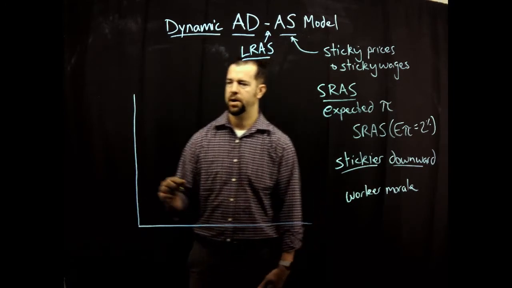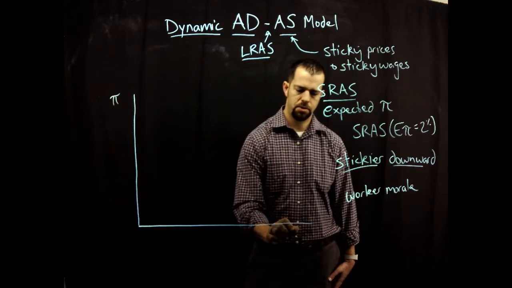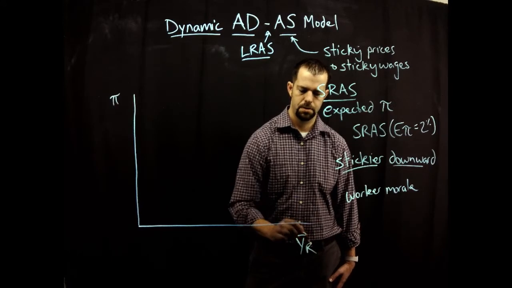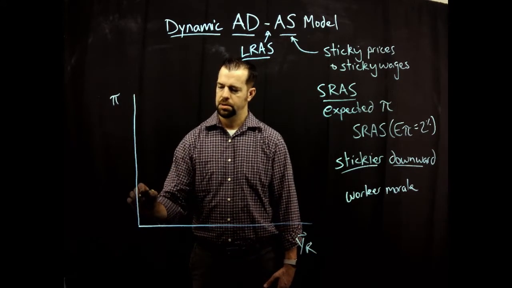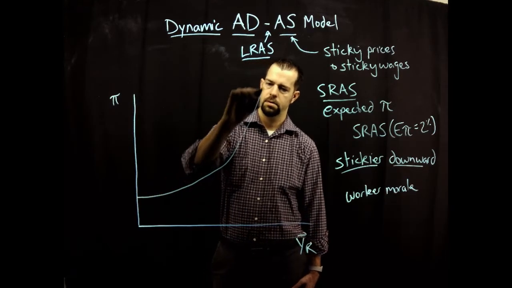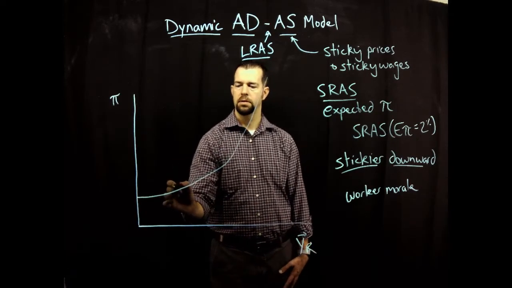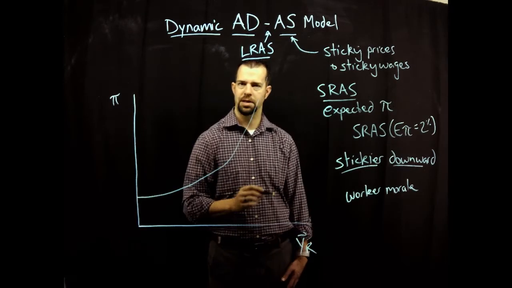So here's our inflation rate, here's our real GDP growth rate, and we've got a short-run aggregate supply curve that is bent. It is flatter on the downside and steeper on the upside.